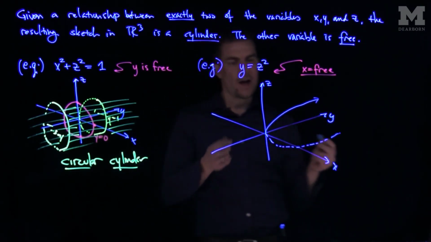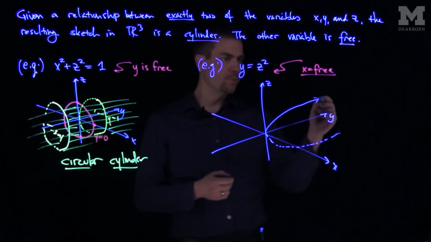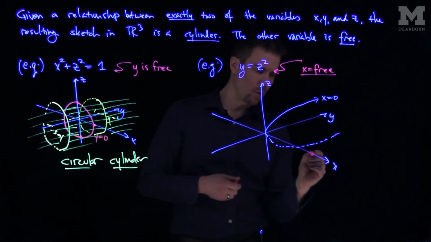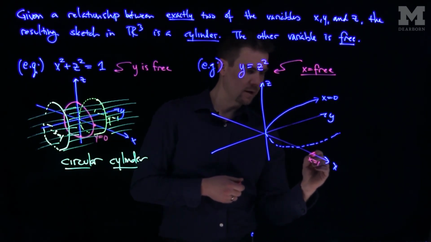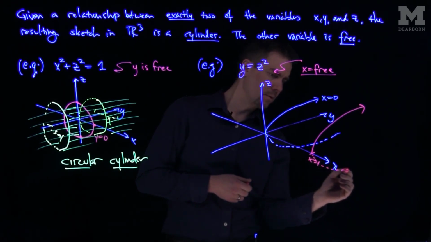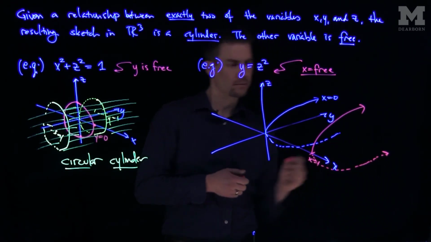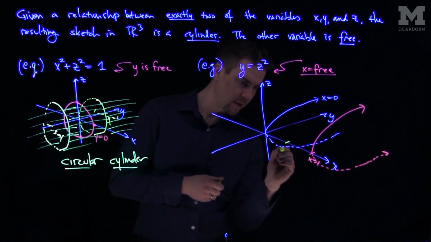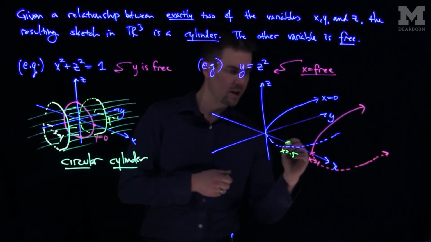And now, x is free to be whatever it likes, so this corresponds to x being equal to 0, but I can draw this parabola again when x is something like 1. So let's say that x is equal to 1 over here. I could draw the parabola again. When x is equal to, let's say, 0.5, I can draw the same parabola.